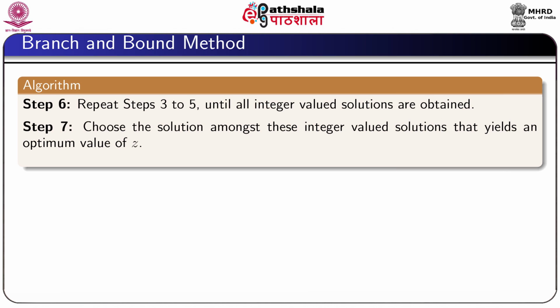In the next step, we repeat steps 3 to 5 until all integer valued solutions are obtained, and finally, we choose the solution amongst these integer valued solutions that yields an optimum value of z.